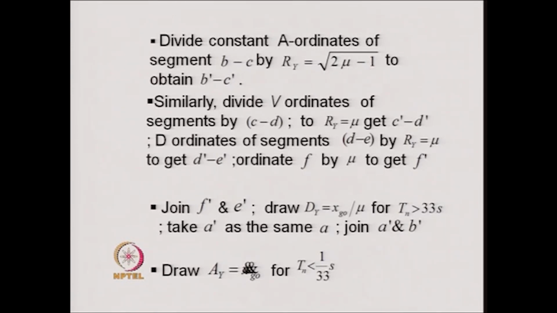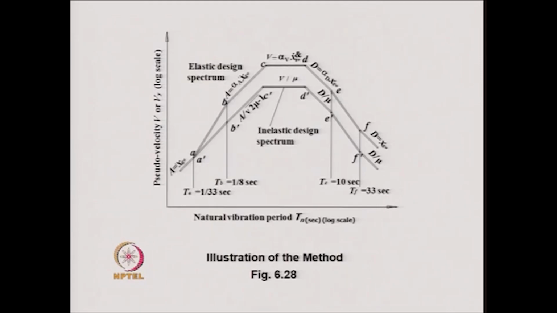The relationship between R y and f bar y, if you recall, is R y equal to 1 by f bar y. So, the value of the elastic acceleration is reduced by a factor of square root of 2 mu minus 1, and that is how this ordinate is equal to A divided by square root of 2 mu minus 1.